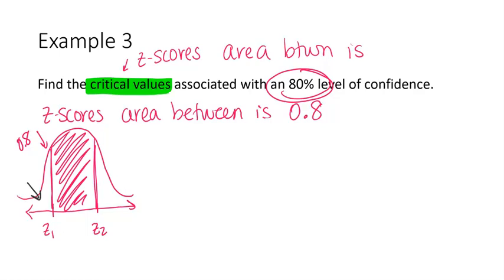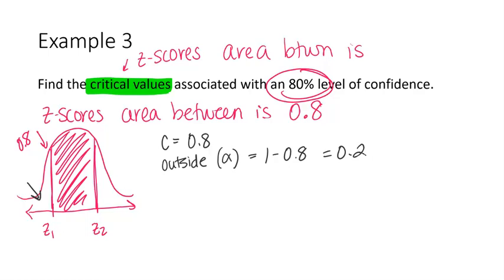So if my area between, if this confidence level is 0.8, then I find that area outside. They actually use that as the letter A or alpha in the Greek letter, as 1 minus that, 0.2. And that's what I want as the area outside my two values.